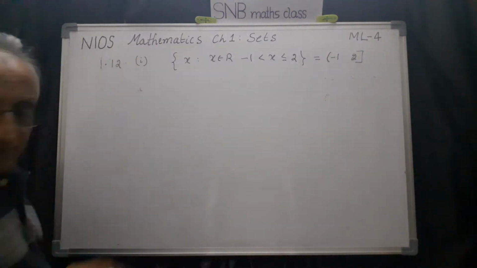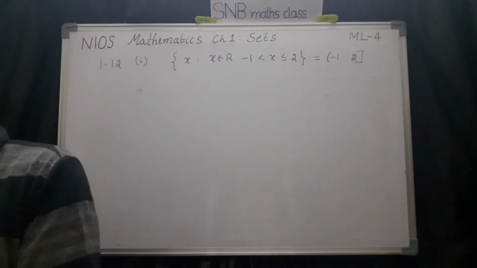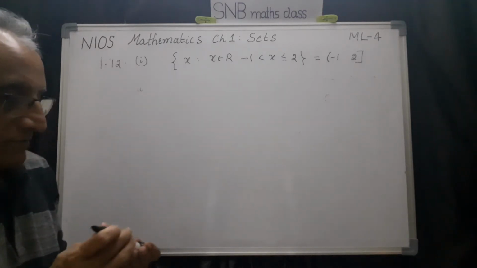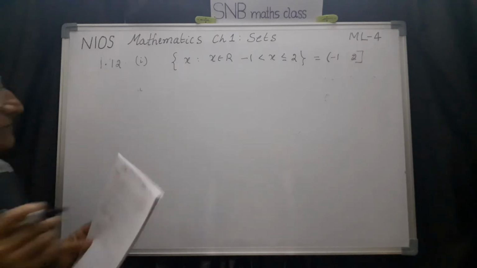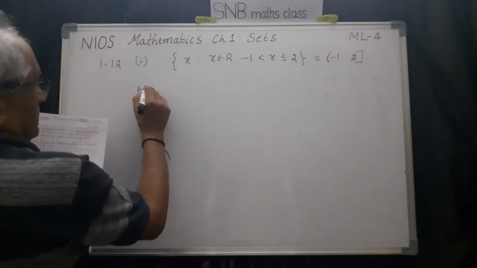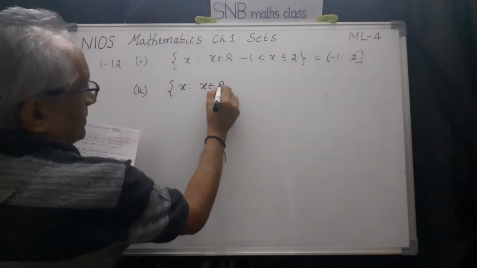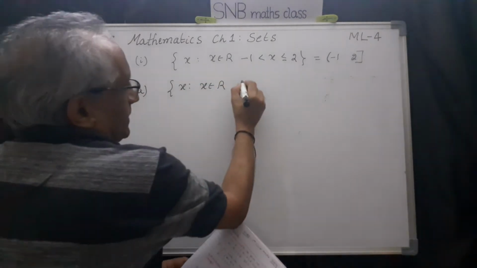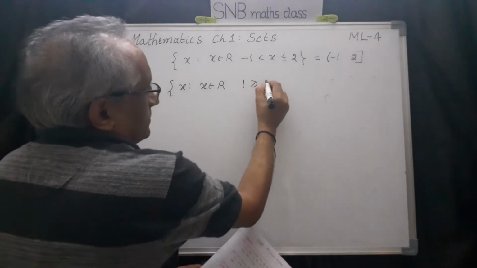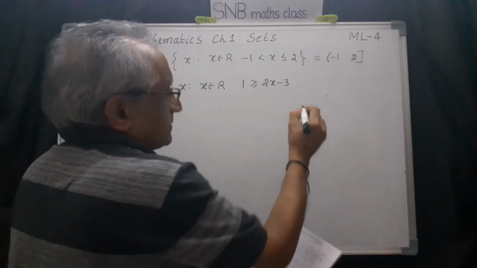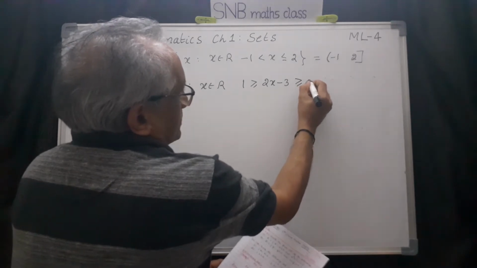Second question, x such that x belongs to R, then 1 less than or equal to 2x minus 3, then less than or equal to 0.